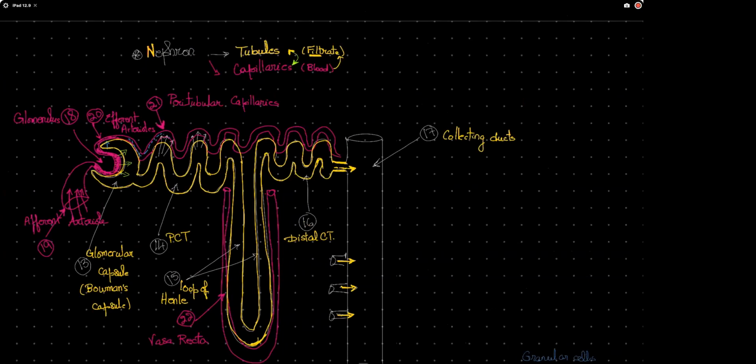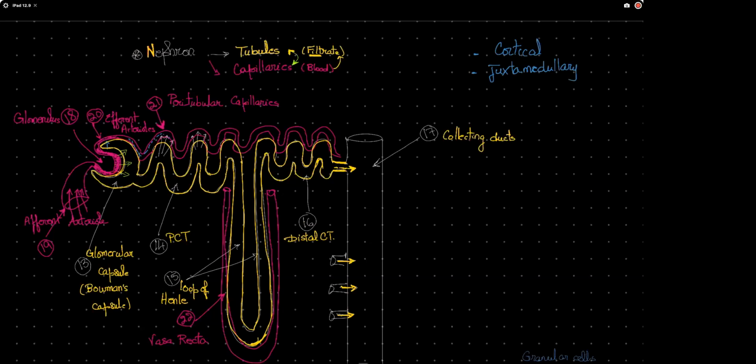Two types of nephrons. If you remember, we did have nephrons which are located only in the cortex. We call them the cortical nephrons. And we've got ones which are located in the cortex but close to the medulla. We call them juxta, close to the medulla, medullary nephrons.